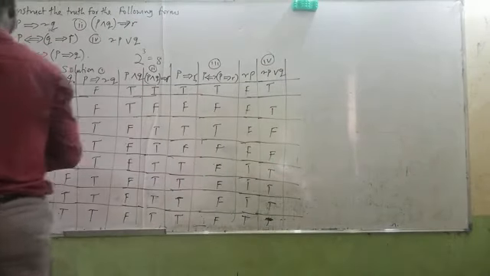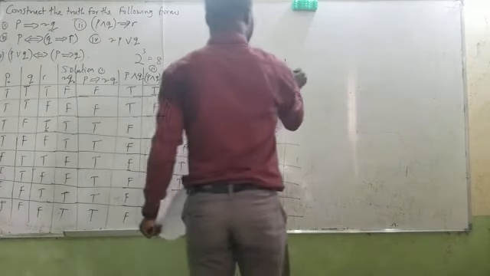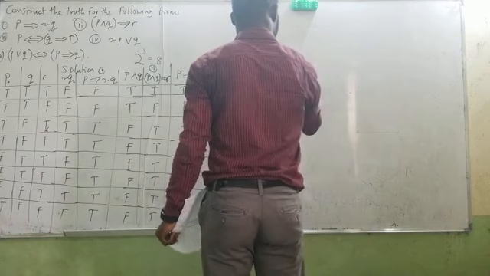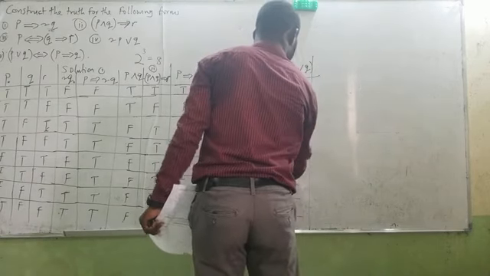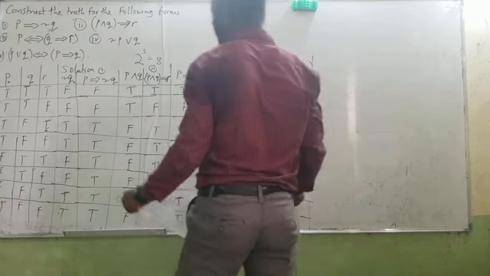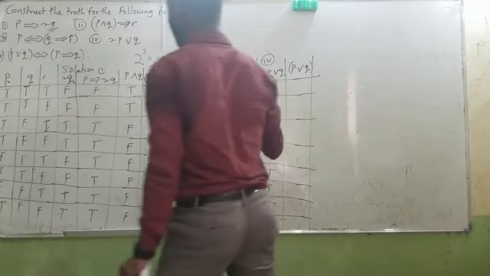Now, I move on to the last one, which is going to be what? P or Q. P or Q first. P or Q, that is what I'm going to do first. Now, P or Q, I'll be what?